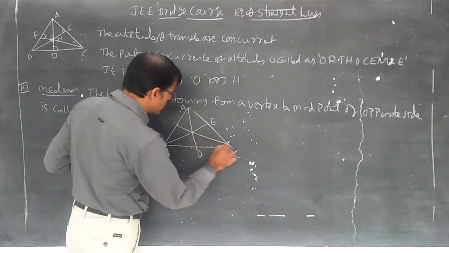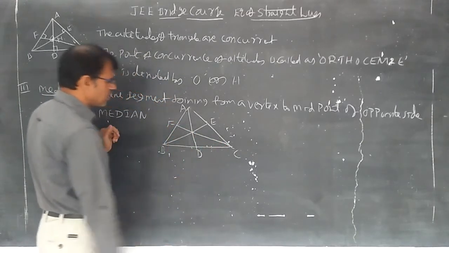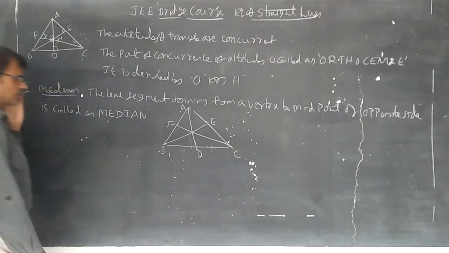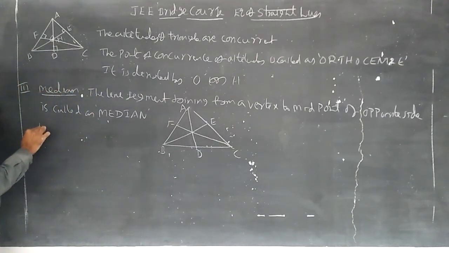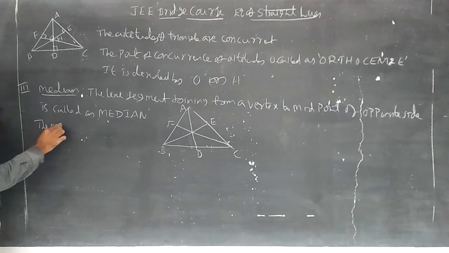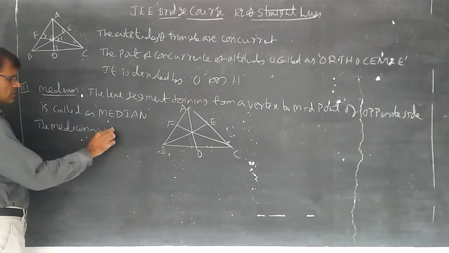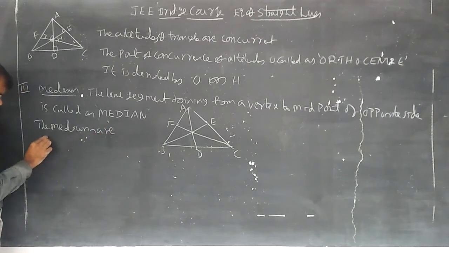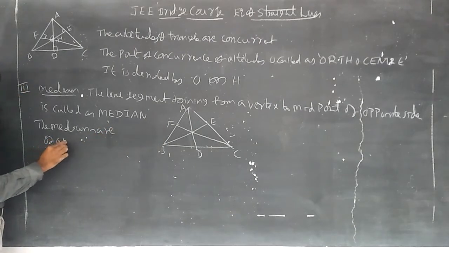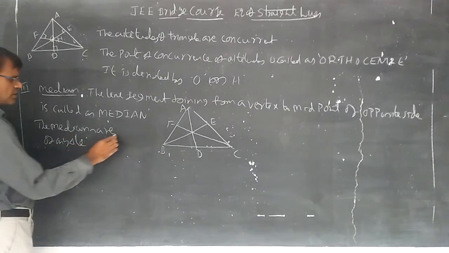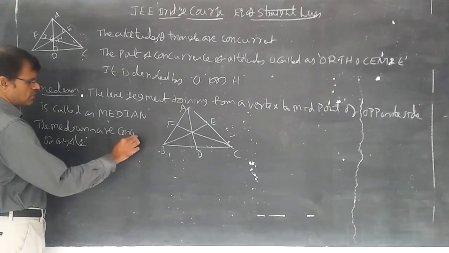Midpoint formula: (x1 plus x2) by 2, comma, (y1 plus y2) by 2. The medians are concurrent. You can write, the medians of any triangle are concurrent.